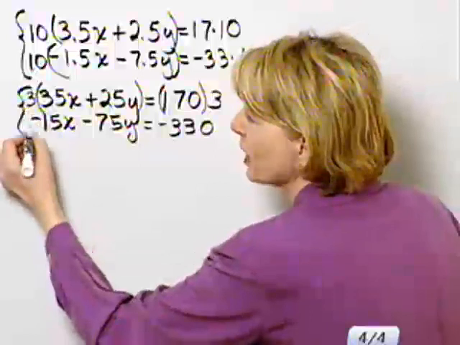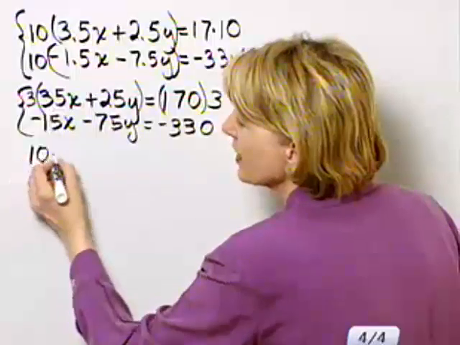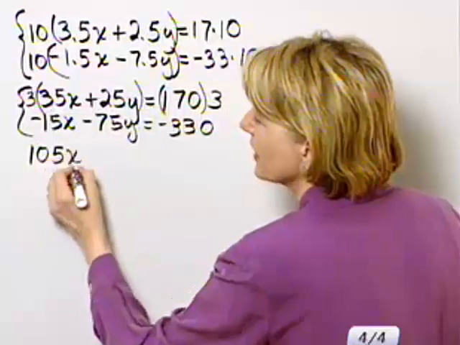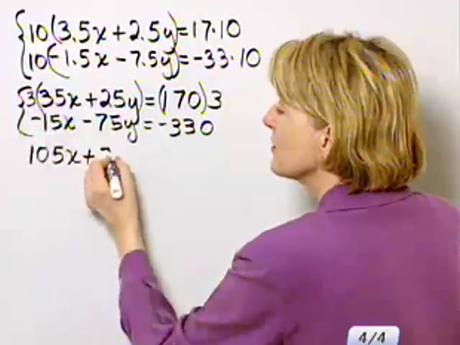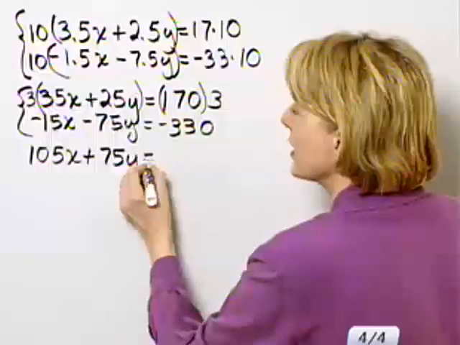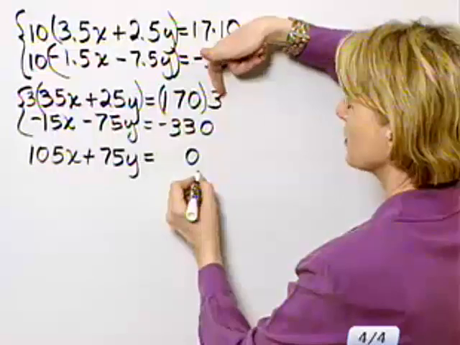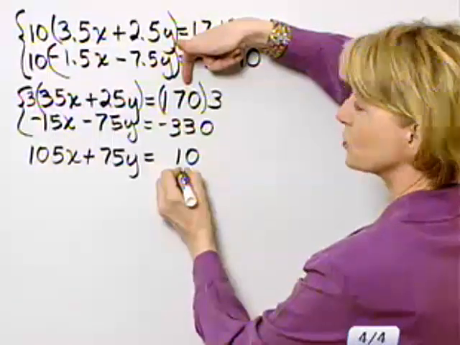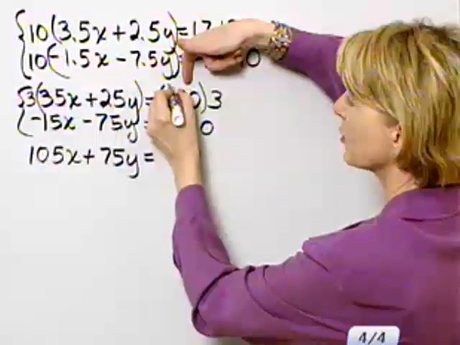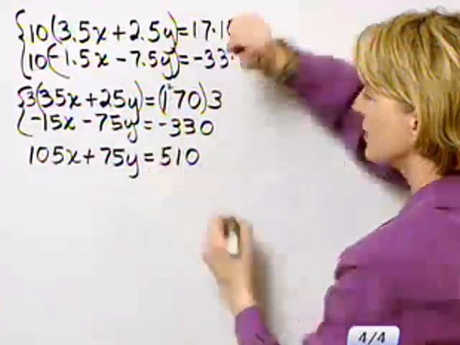Using the distributive property, 3 times 35, that's 105x, plus 3 times 25, that's 75y, equals, let's see, 3 times 0 is 0, 3 times 7 is 21, so there's my 1, carry my 2, and that's 510.